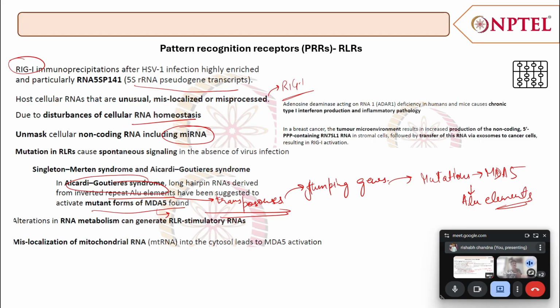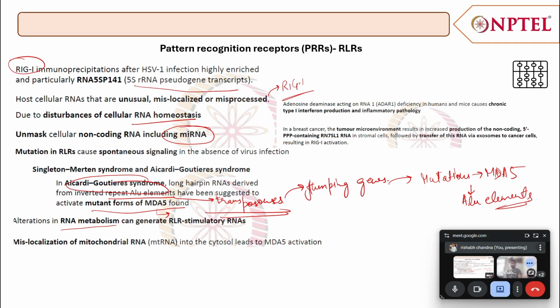Okay, then the alteration in RNA metabolism can generate RLR stimulatory RNAs. Okay, so whenever there is an alteration in the RNA metabolism, there is a metabolism that takes place of the nucleic acid also. So whenever there is an alteration, they can generate the RLR stimulatory RNA, so that they can actually overcome or regulate that particular metabolism.